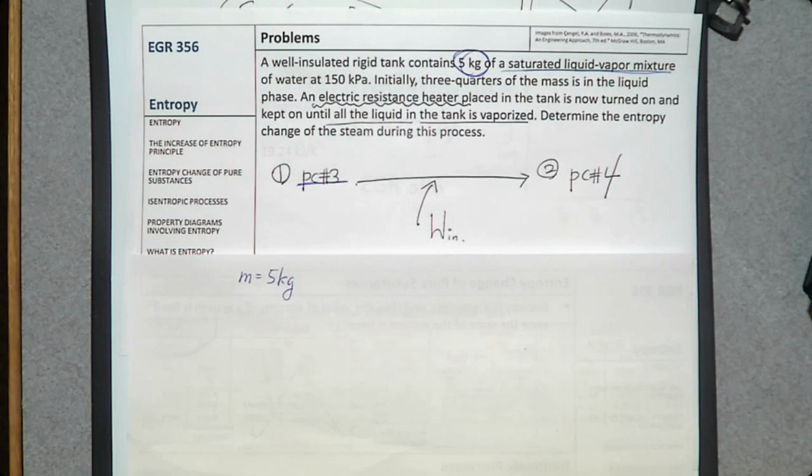The ratio between liquid and vapor. When you only have liquid, 0. When you only have vapor, 1. So if 3/4 of the mass is in the liquid phase, that means only 1/4 is in the vapor phase. So what is the quality X? 0.25.